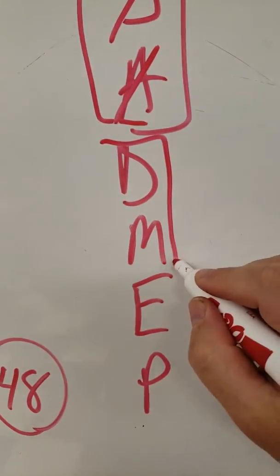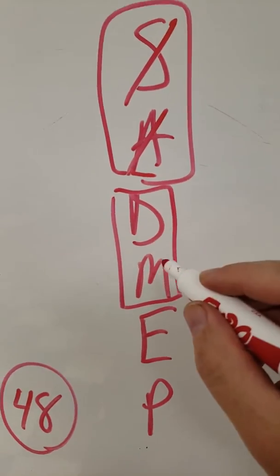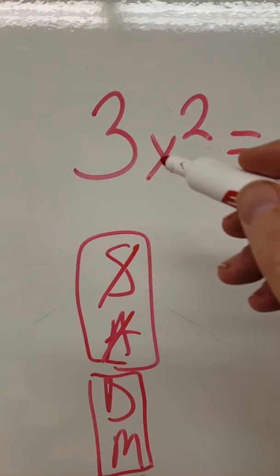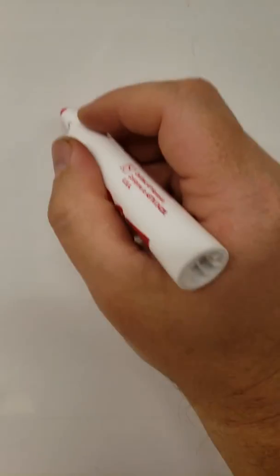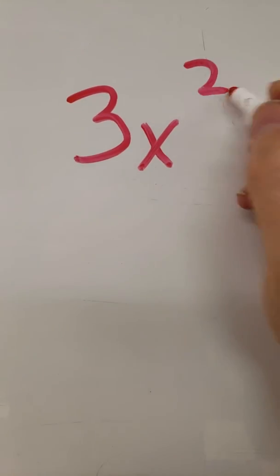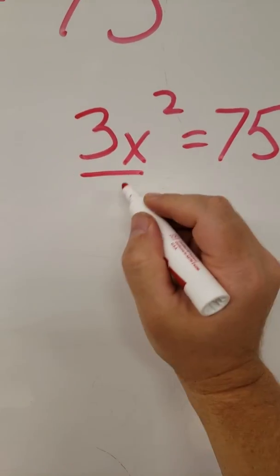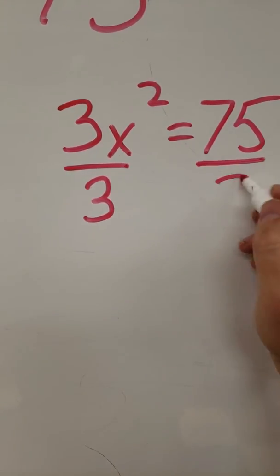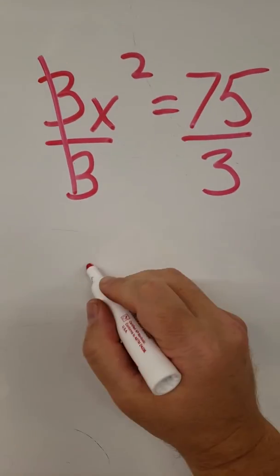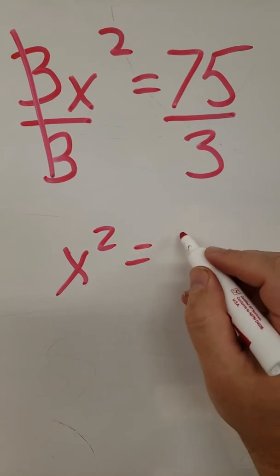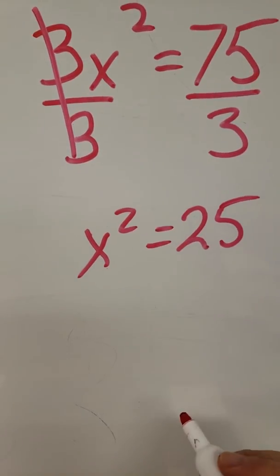Now I look for dividing and multiplying. And as I just said, that is 3 times x squared. So 3x squared equals 75. First thing I'm going to do is cancel out the multiplying by using its inverse operation of division. So that leaves me with x squared equals 25.